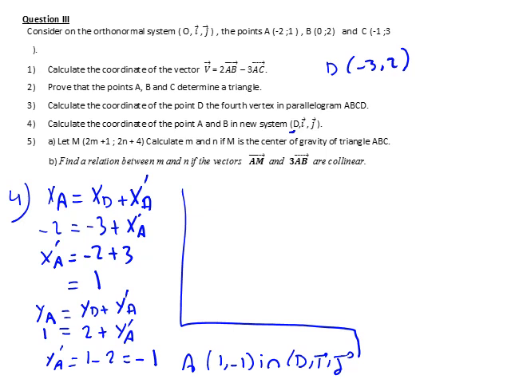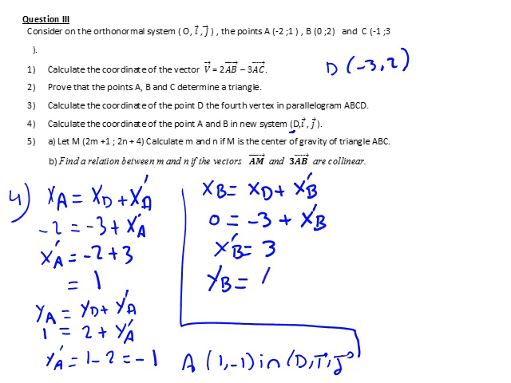Now the coordinates of B. XB equals XD plus X prime B. 0 equals minus 3 plus X prime B. So X prime B is equal to 3.